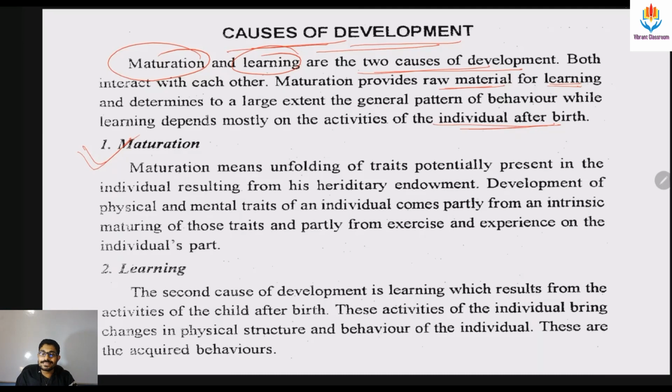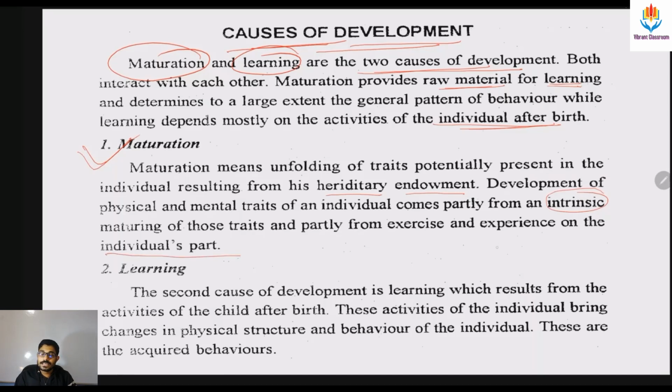Maturation means unfolding the traits potentially present in the individual, resulting from his heredity and endowment. The development of the physical and mental traits of an individual comes partly from intrinsic, that is inner, maturation of those traits, and partly from the exercise and experiences of the individual.